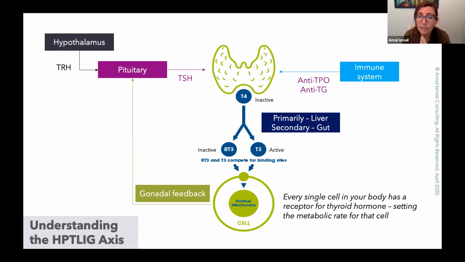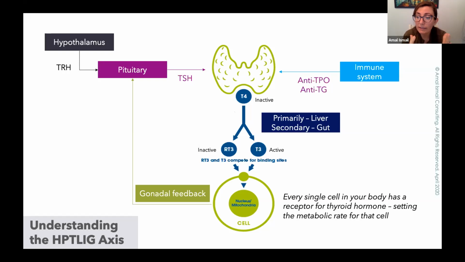Another really important point is the immune system. So antibodies against the proteins TPO and TG that exist in the thyroid give rise to the common known autoimmune conditions, which are Hashimoto's and Graves', and we'll talk about that in a second.